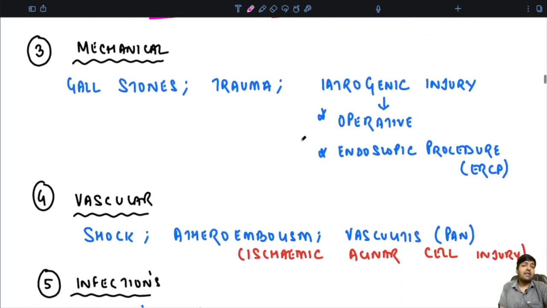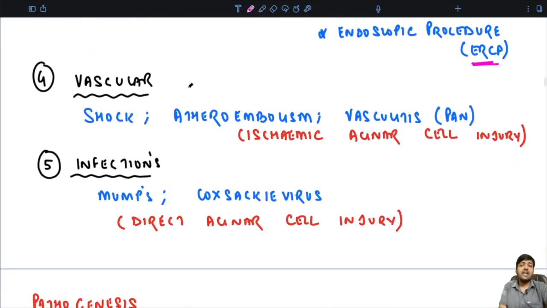Then there are certain mechanical causes which lead to obstruction, like the presence of gallstones, or trauma, any kind of trauma or iatrogenic injury, for example injury during an operation or during an endoscopic procedure like ERCP. Then there are vascular causes causing ischemic acinar injury, like shock, atherosclerosis, embolism, and vasculitis like polyarteritis nodosa.